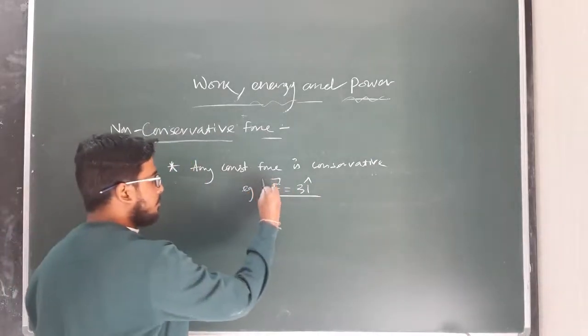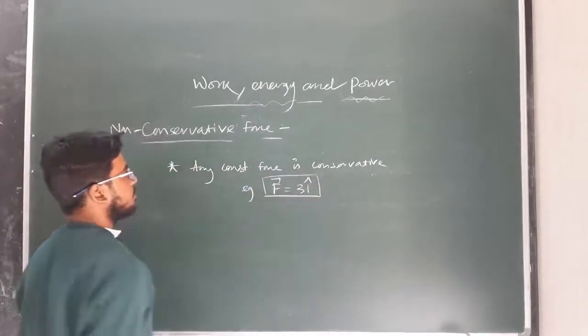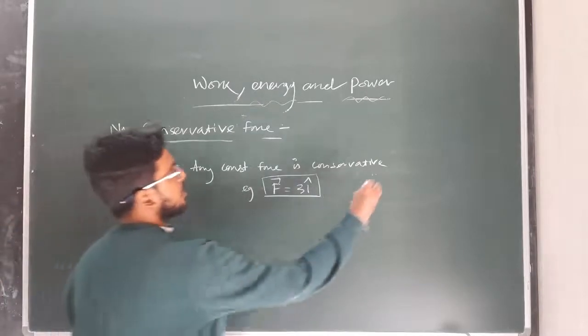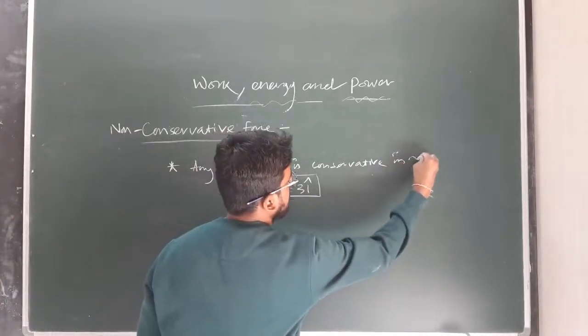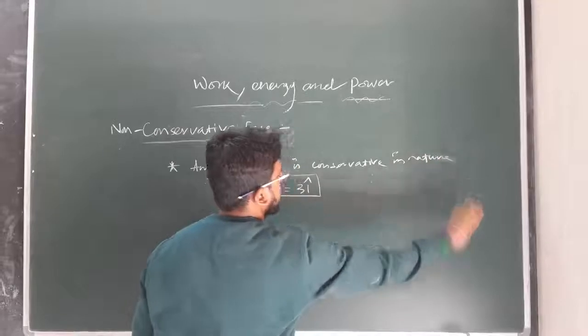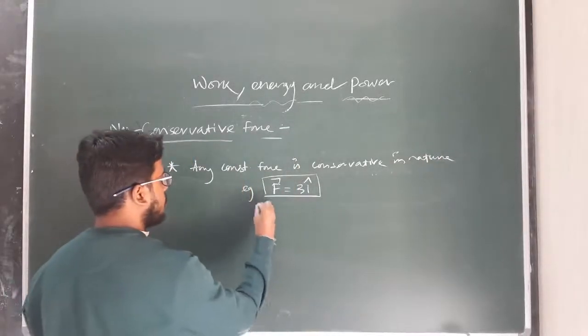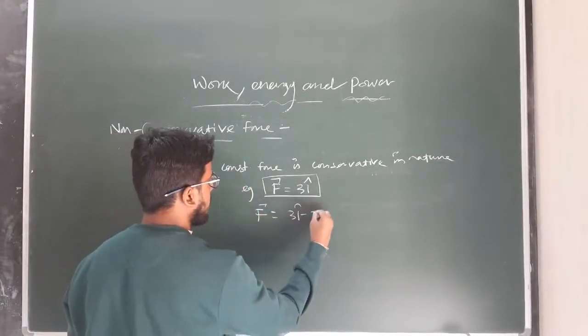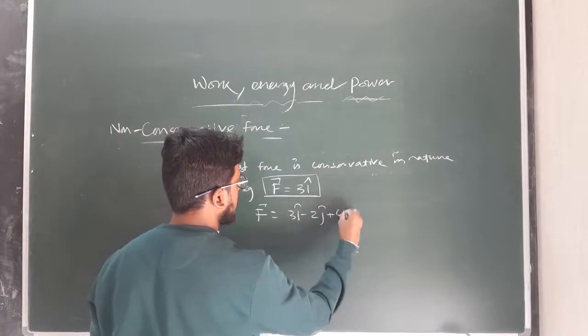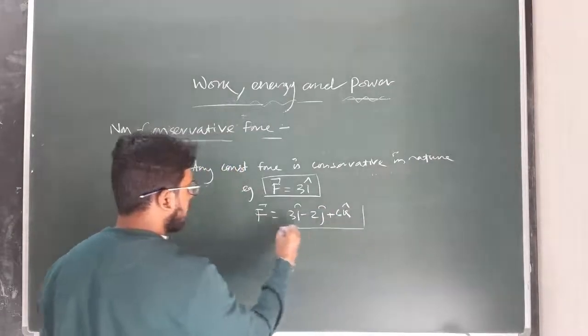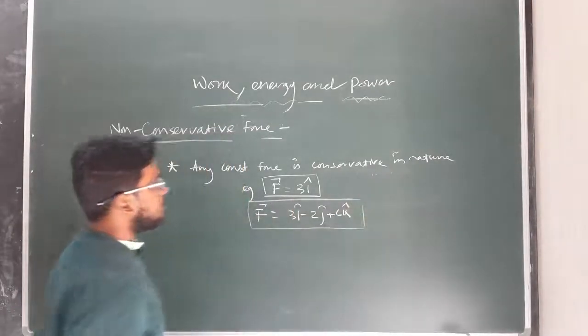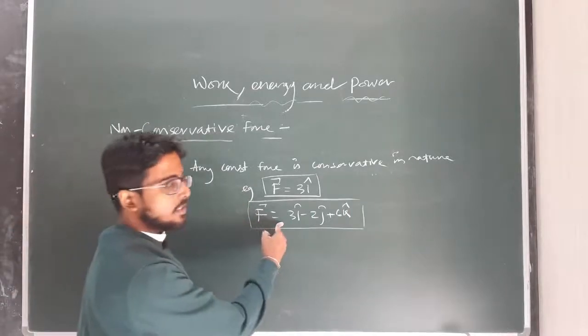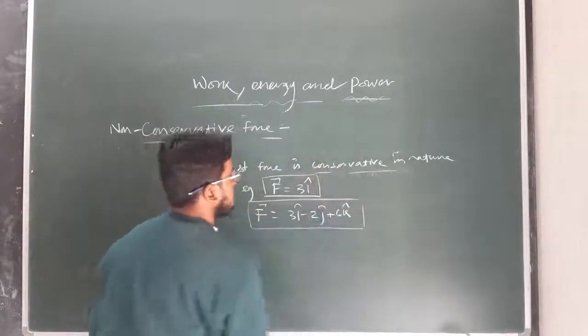So this type of force is conservative. Any constant force is conservative in nature. Or if the force is given as 3 i cap minus 2 j cap plus 6 k cap, this is also a constant force. So these types of forces which are constant by nature are conservative in nature.